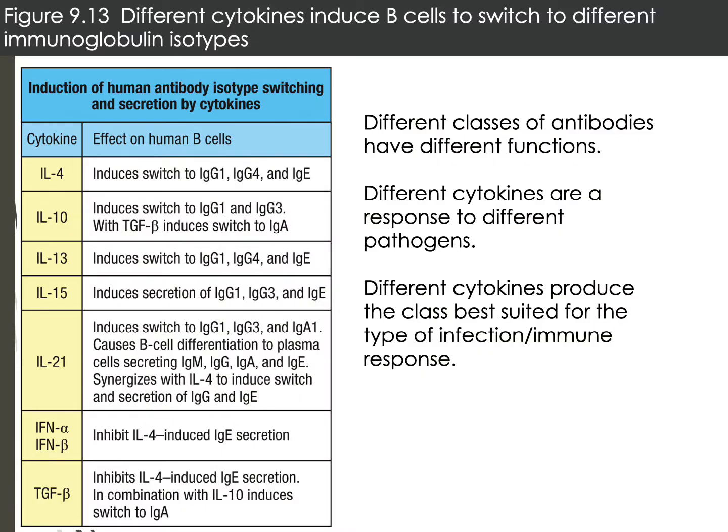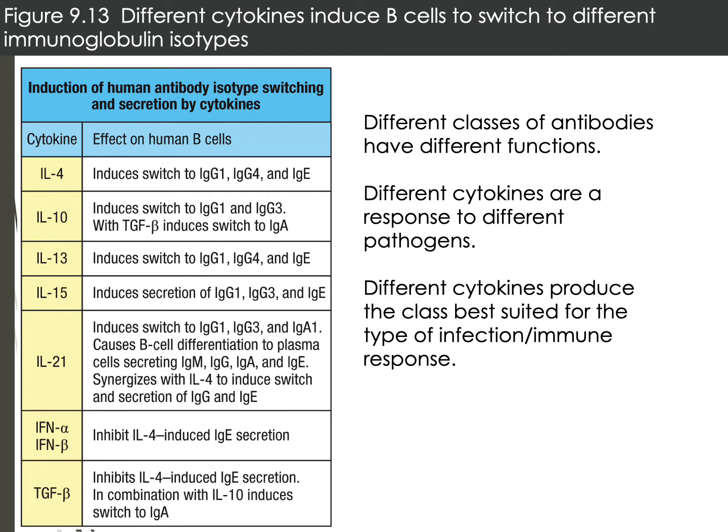Now, as far as how the B cell knows which class of antibody to isotype switch to, it's because of the cytokine environment. Different classes of antibodies have different functions. So if you have different cytokines generated during a response to different pathogens, these cytokines then tell the B cell, let's produce the best suited class for that type of infection or immune response, right?